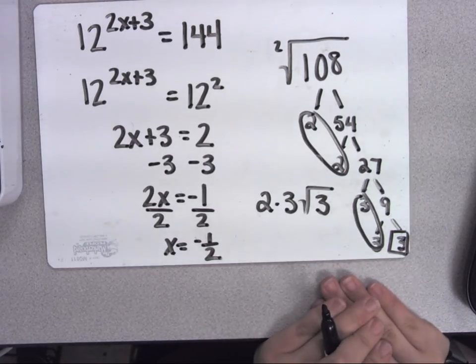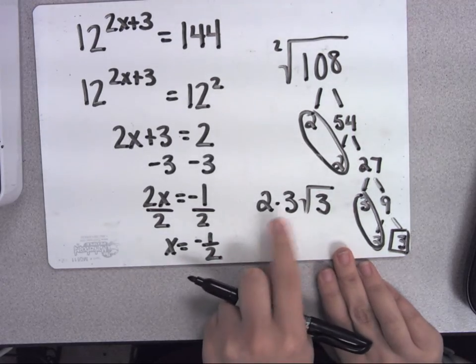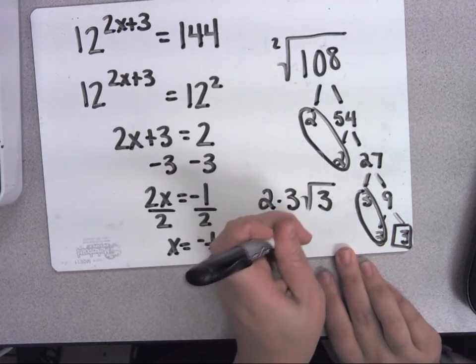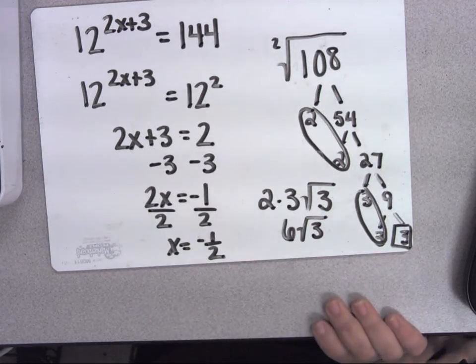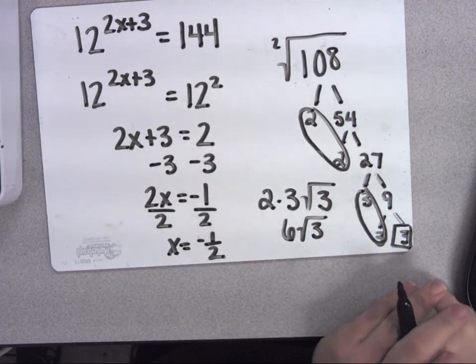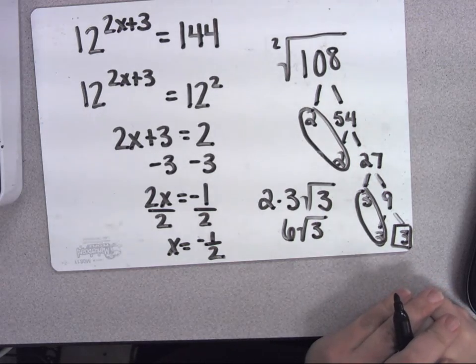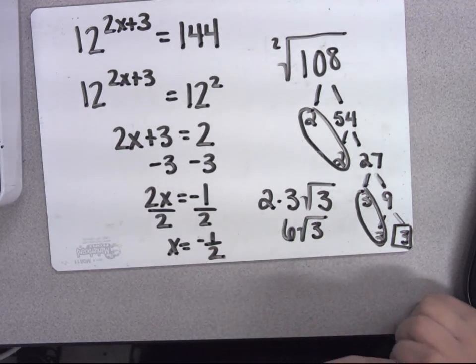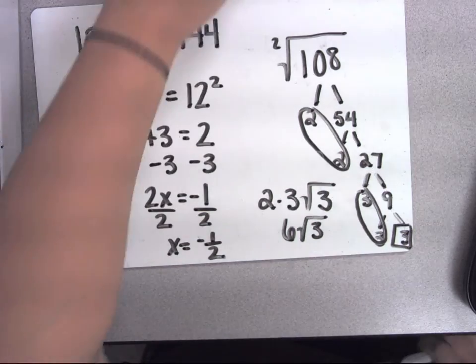Well, we might. I don't know. So then that 2 times 3, since they were pulled out because they were a pair, this is 6 square root 3. Just a little tidbit for later or when you finish your test. Okay, so good luck, and we are done.